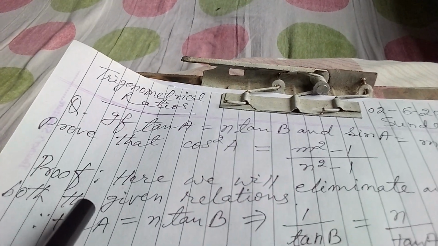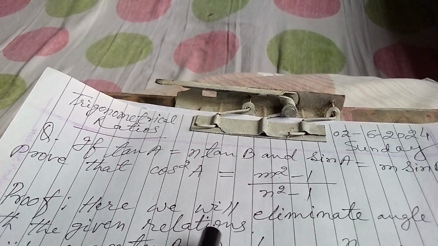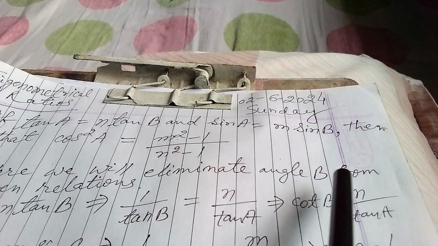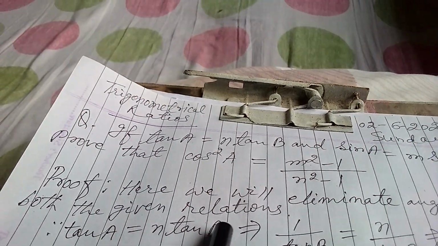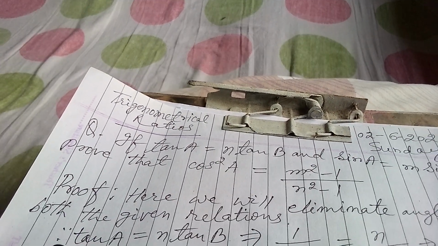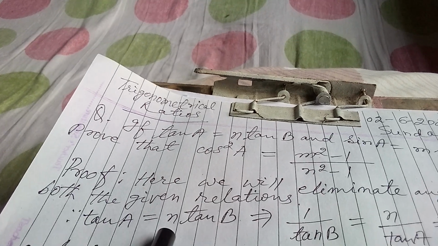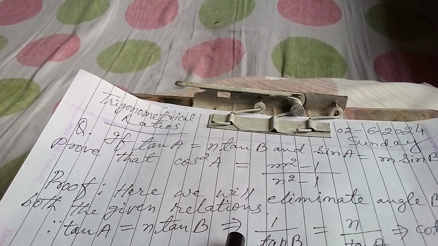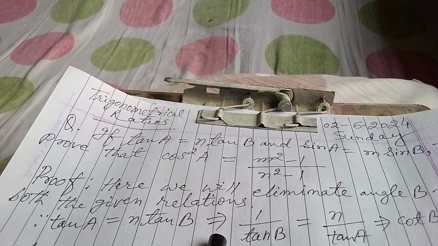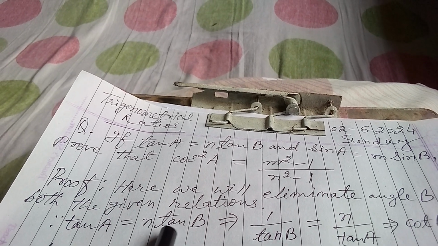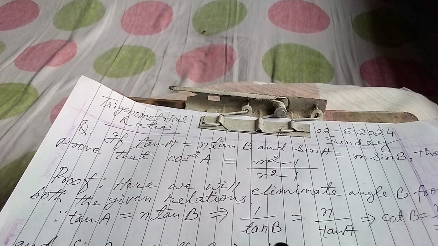Now the proof is here: we will eliminate angle B from both the given relations. The first given relation is tan A equals n tan B. So this implies that tan B will come to the left side and tan A will come to the right side.